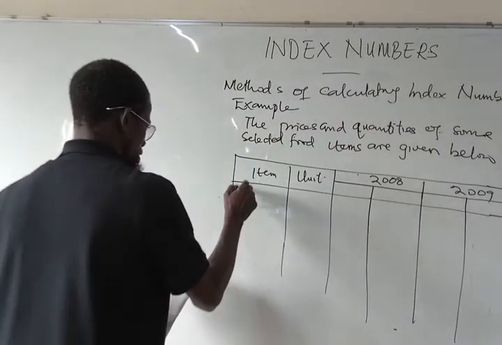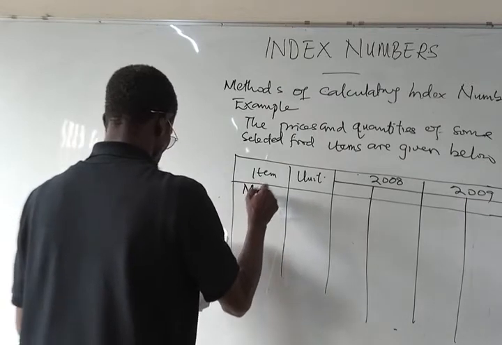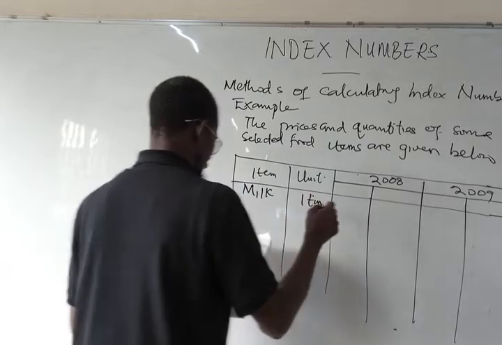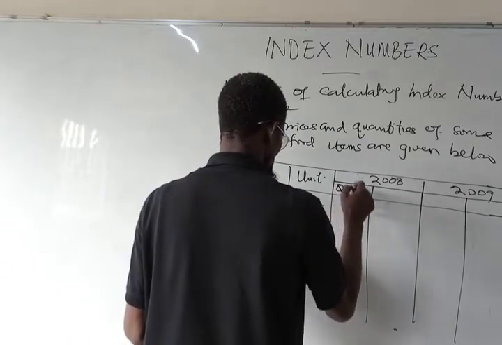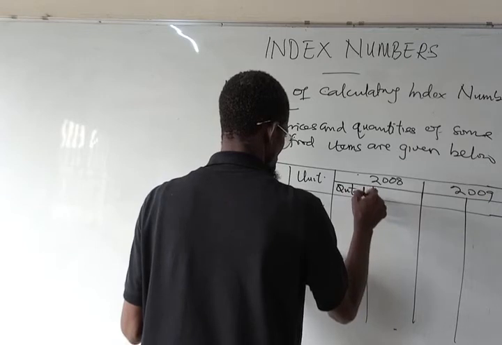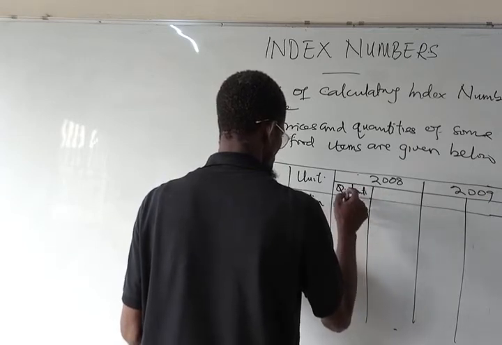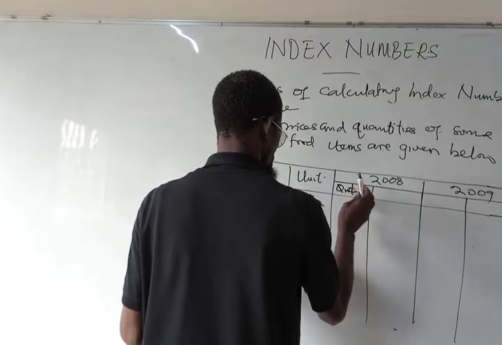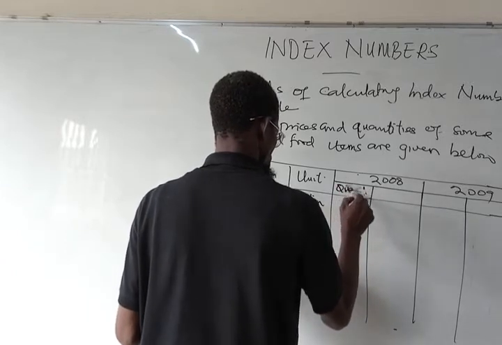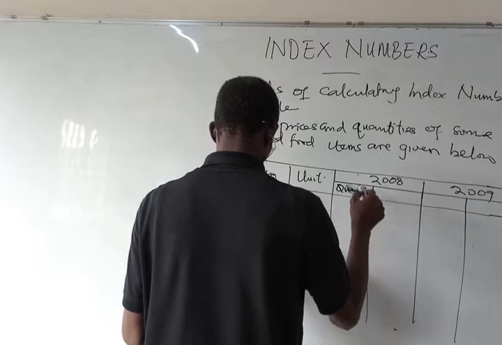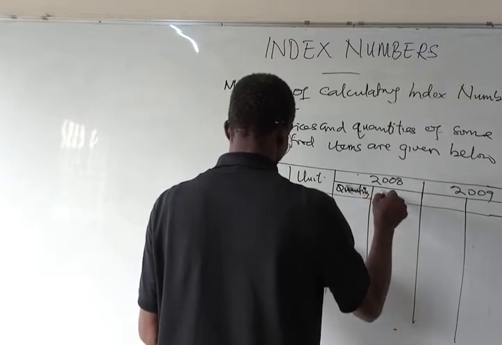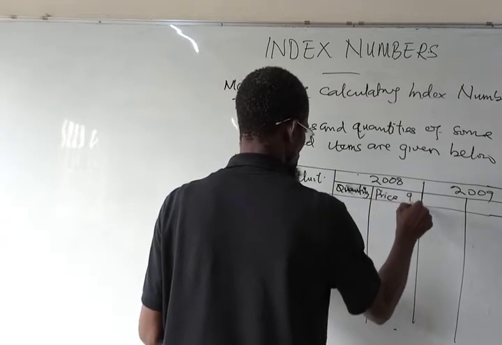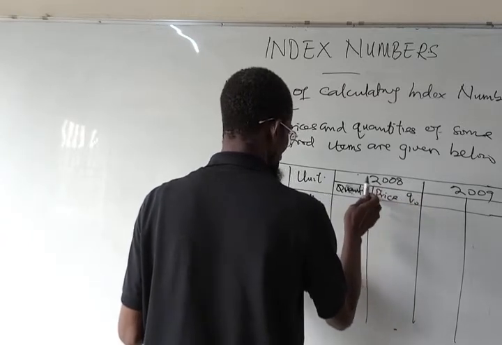So we have milk. One unit of tin of milk, as at that time. This is quantity, and this is our price. Let's use Q0 because that's the base here.